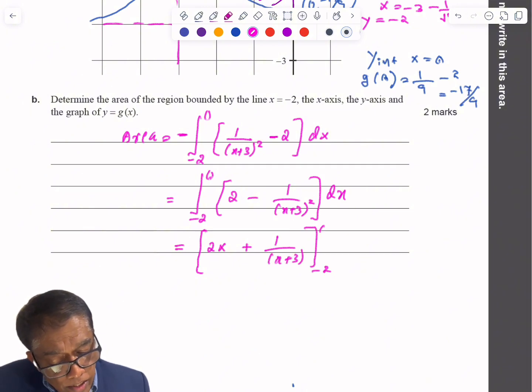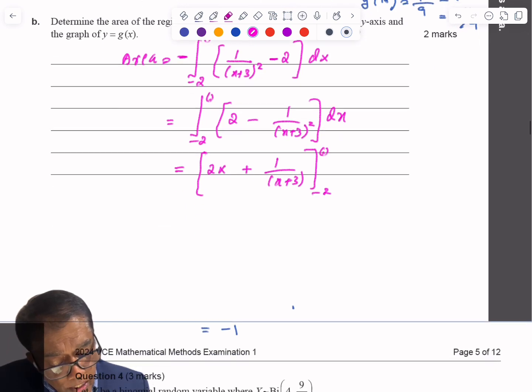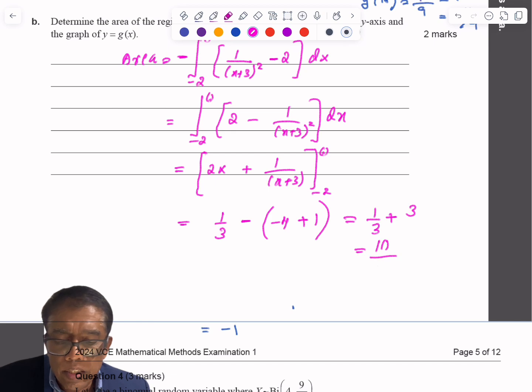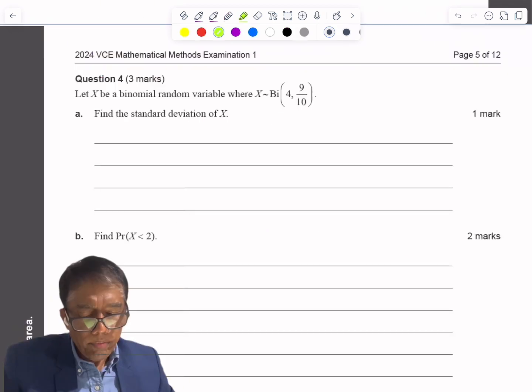At 0, this is 1 over 3, minus 4 plus 1. 1 over 3 plus 3 is 10 over 3. This is the area.